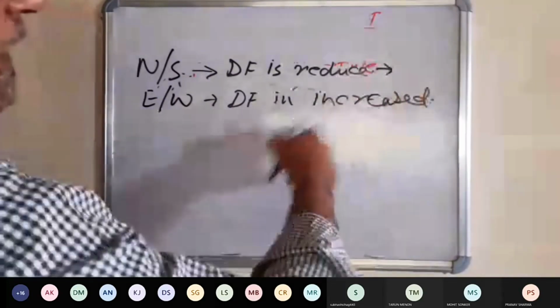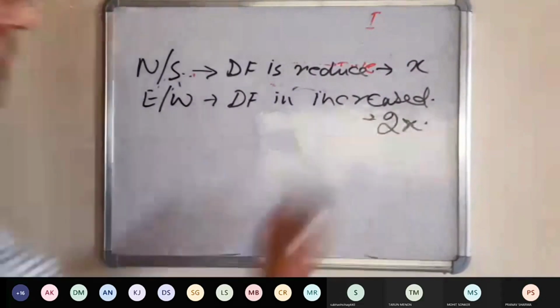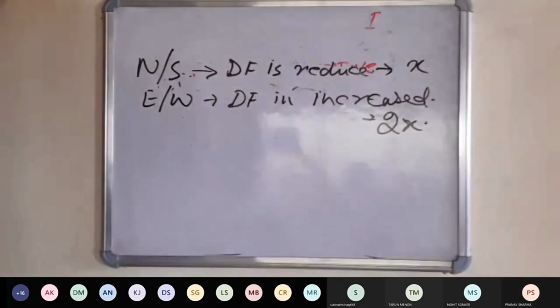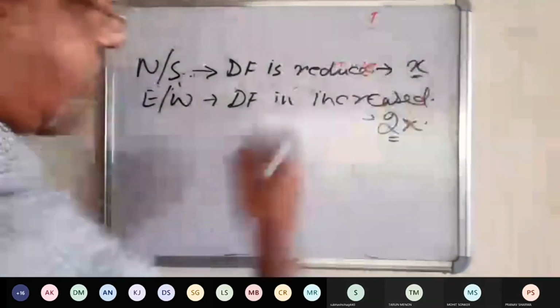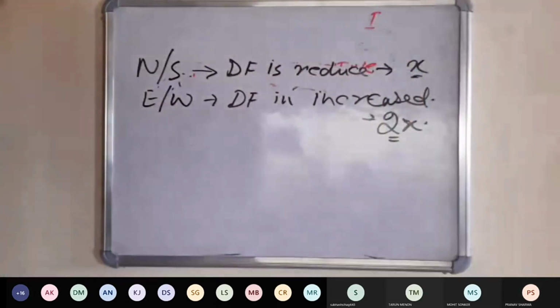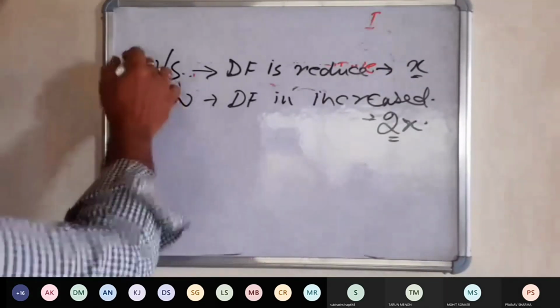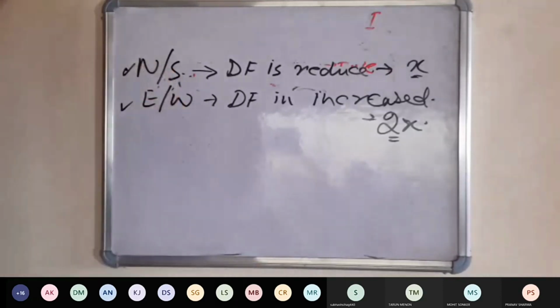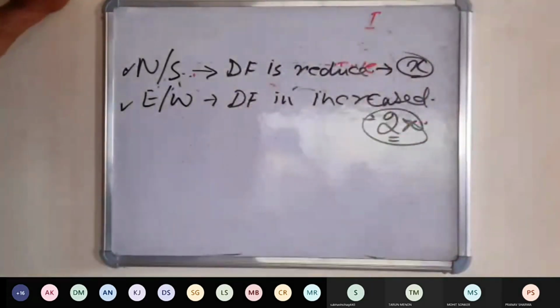But the decrease here is x amount, increase is 2x amount. So if we take the average of all the 360 degrees of rotation, there is less amount of reduction and twice the amount of reduction is the increase. Why? Because of end on position of the spheres in one condition, broadside position in this condition, end on in east west condition. So more increase than the reduction, and that gives rise to increased mean directive force.